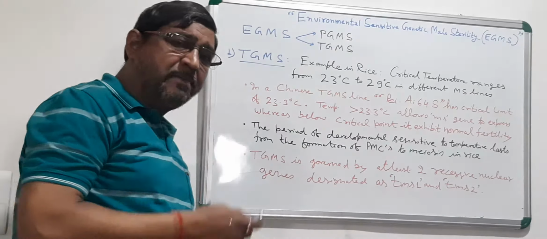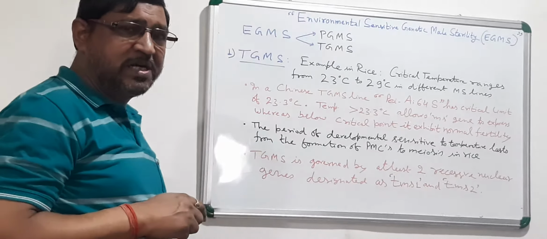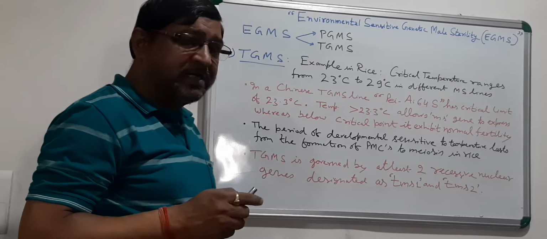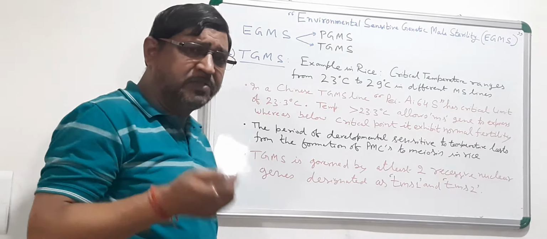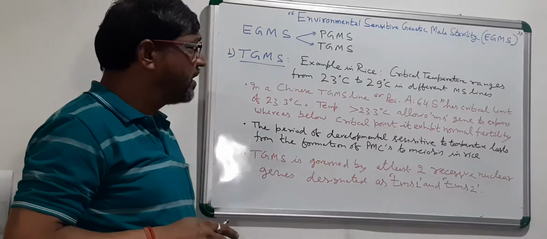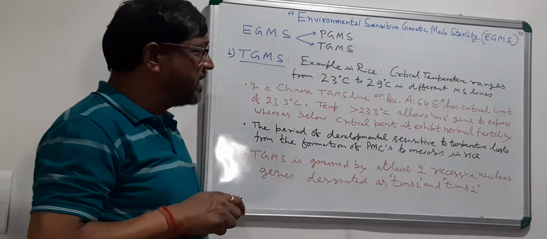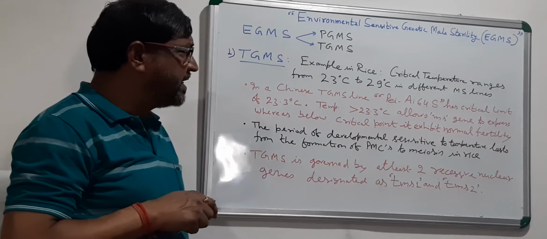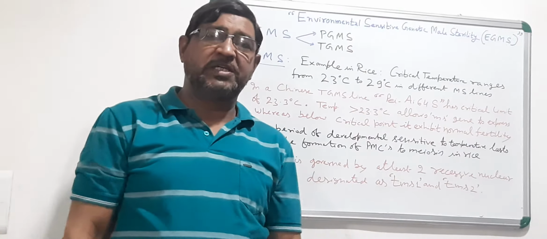So putting the example of rice, if we talk about thermosensitive genetic male sterility, it has been observed in many rice varieties that once this gene is available, the critical temperature ranges from 23 degrees Celsius to 29 degrees Celsius in different male sterile genes.